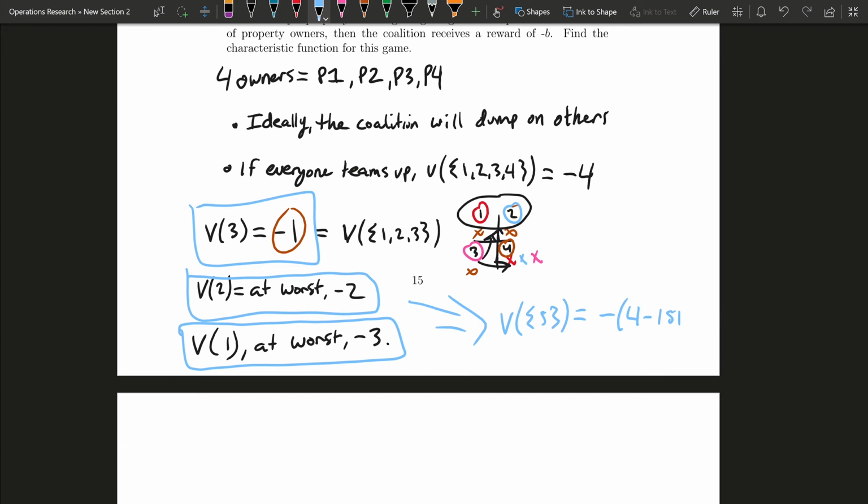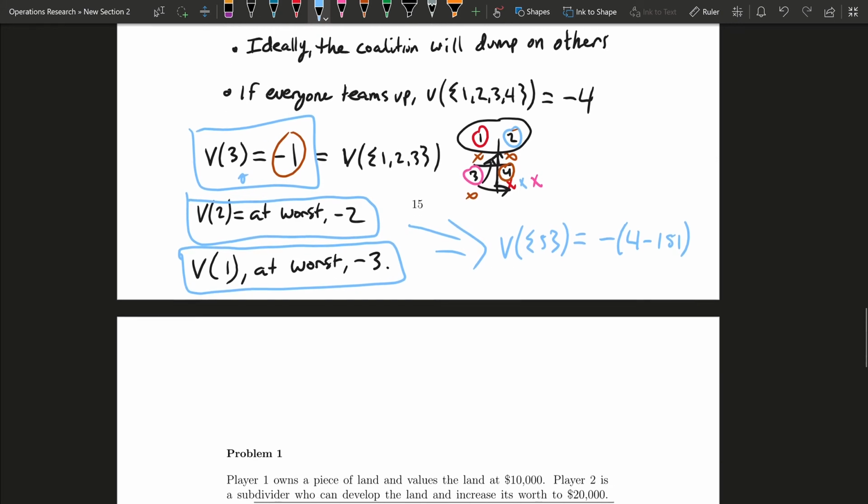So however many members are in that set is what's going to be that cardinality of S here. So for example, if we have the first one here, V of 3, we're going to have -4 minus 3, or just -1. And that goes on for V of 2 and V of 1 here.